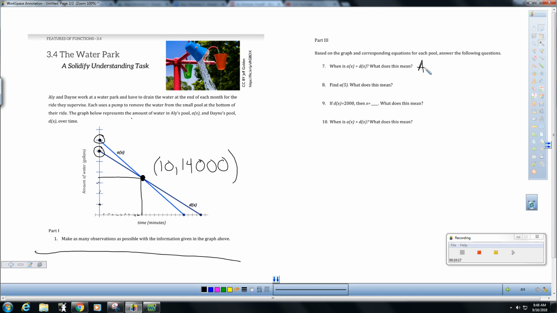After 10 minutes, each pool will have 14,000 gallons.